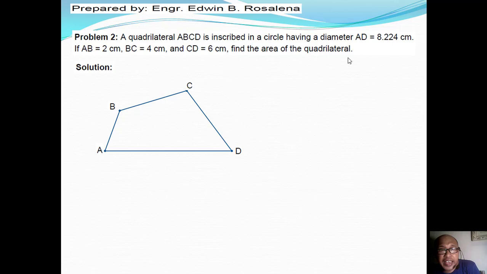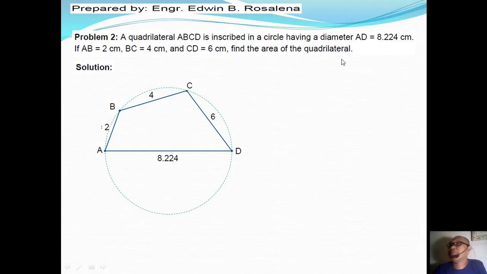So, this is a cyclic quadrilateral na. So, inscribed in a circle. Then, what are the measurements of the sides? We are given AB is 2, BC is 4, CD is 6, and AD is 8.224. Okay? So, the question is the area of the quadrilateral.